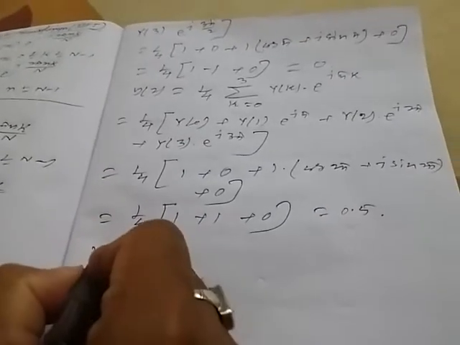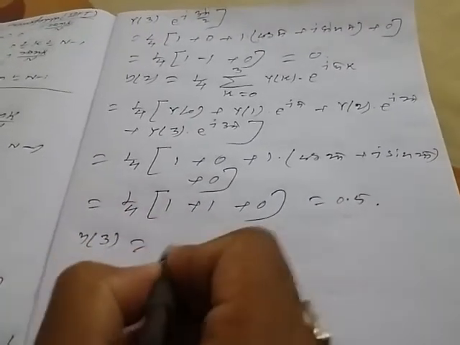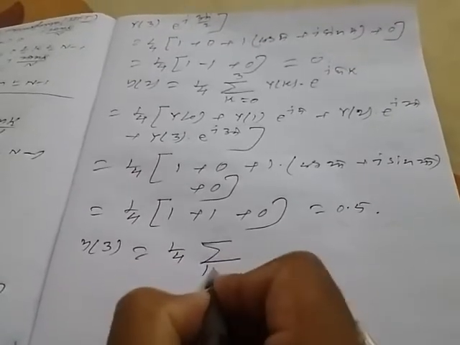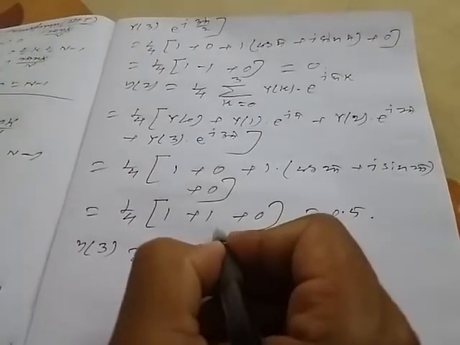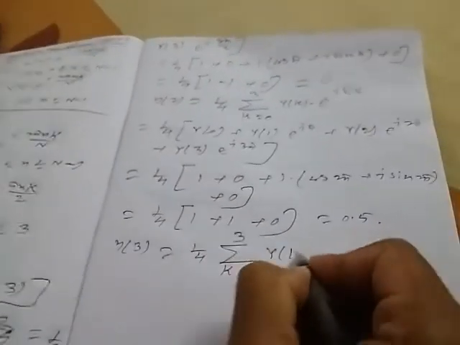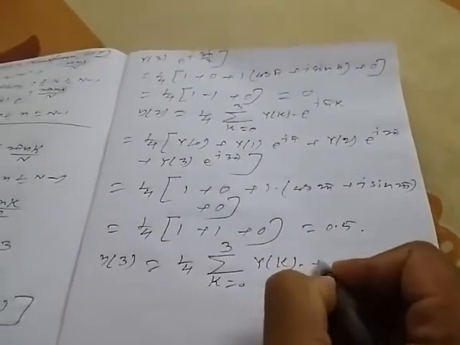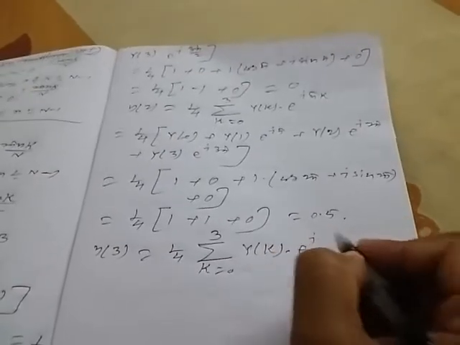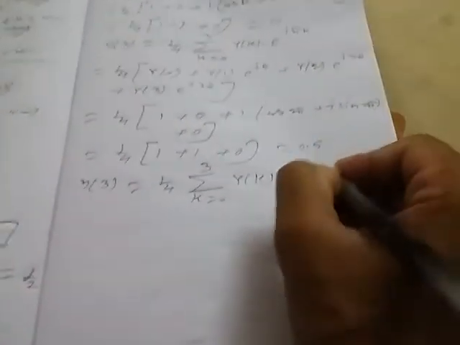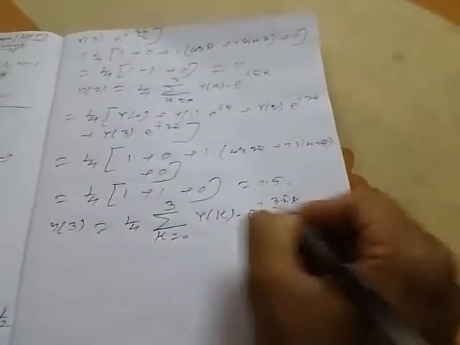Now y3, this is the last value. y3 has the formula 1 by 4 summation of k equal to 0 to 3, Y of k into e to the power j, putting n equal to 3, 3 pi k by 2.